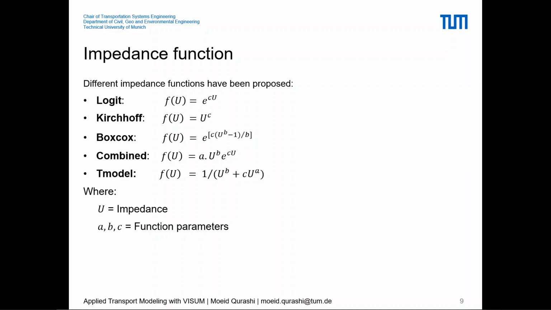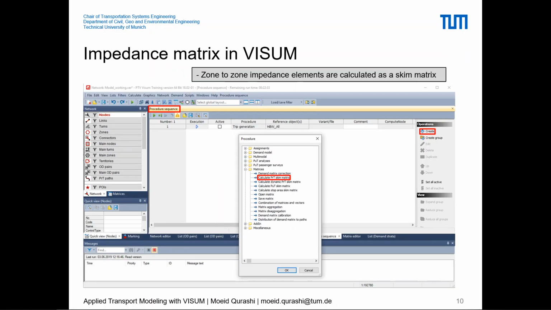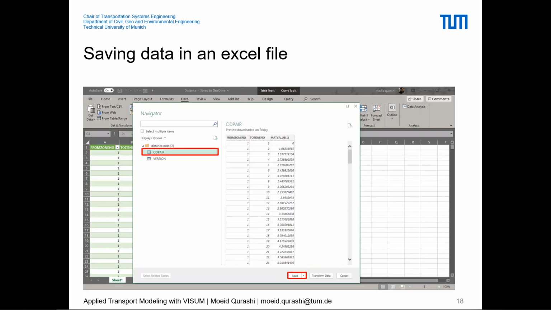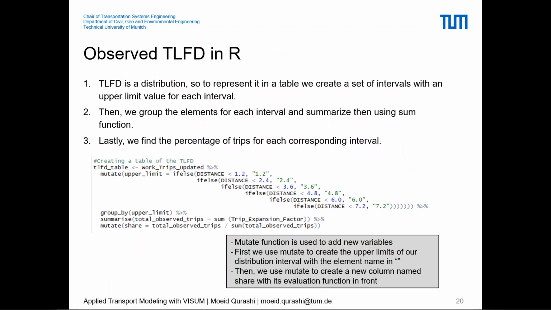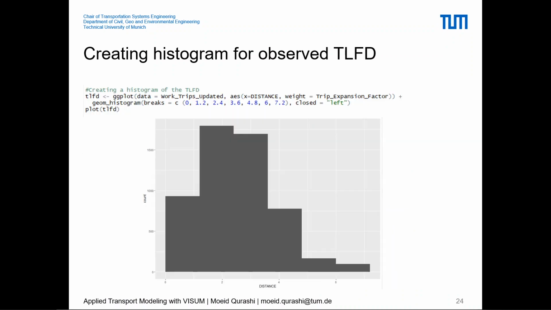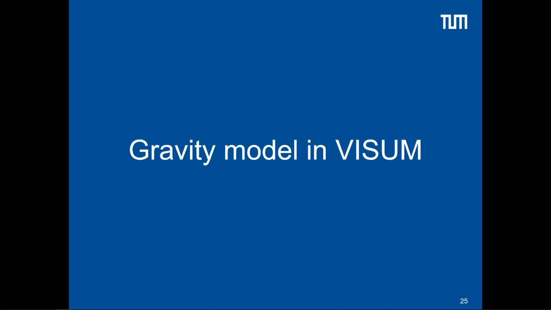So we have to calibrate these impedance functions for the gravity model, and to do this we need to go back to Visum and create a new procedure sequence to calibrate these parameters and then use them in the trip distribution procedure sequence. So let's see the slides next.